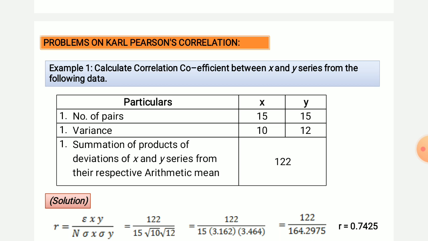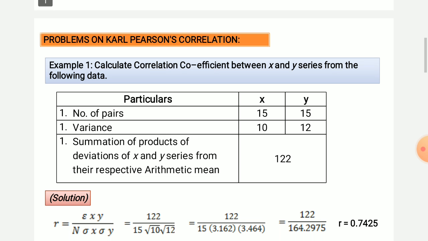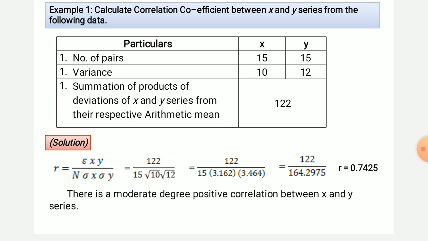Here the x series and y series are given, number of pairs 15 each, variance 10 and 12, and the summation of products of deviations of x and y series from their respective arithmetic means is 122.